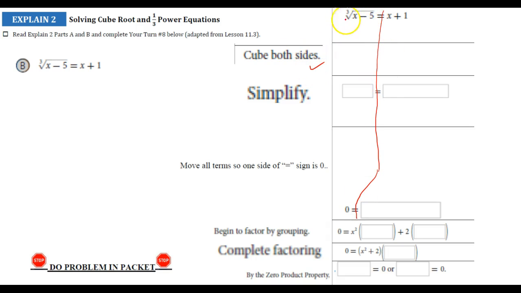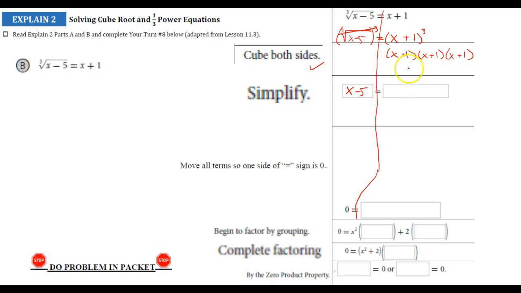So I'm going to raise this to the 3rd power and this side to the 3rd power. What that's going to end up doing is cancel this out, so I'm left with x minus 5. Now with this one it's a little bit more difficult because I'm essentially multiplying x plus 1 times x plus 1 times x plus 1.